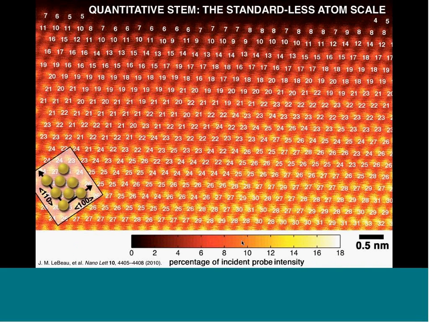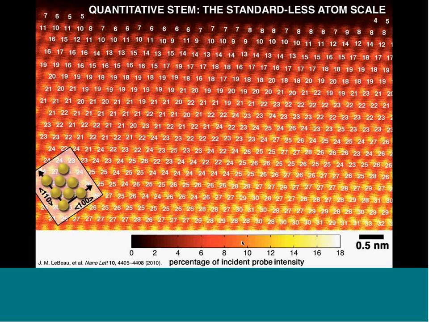What that has allowed us to do with STEM is actually begin to count the total number of atoms present in our material. So by going the other way around, using simulations to tell us the atoms we had in our sample. In this case, we just have a sample of gold. Each one of those numbers represents the total number of atoms in that atomic column.